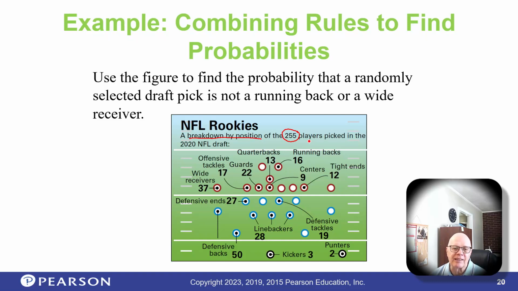Nobody is listed in 2 different categories. Now we know there can be, but we're just keeping it simple. In fact, the NFL probably likes to keep it simple too. And what we want is the probability that if we select a draft pick, they're not a running back or a wide receiver. How are we going to do that?